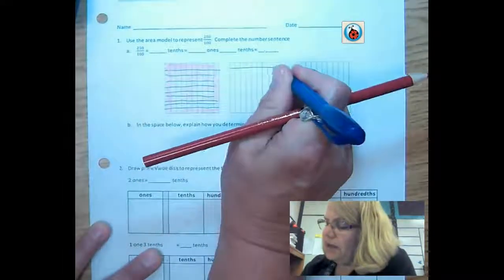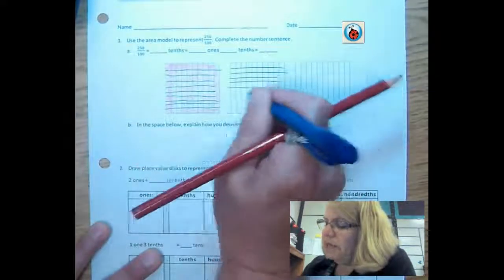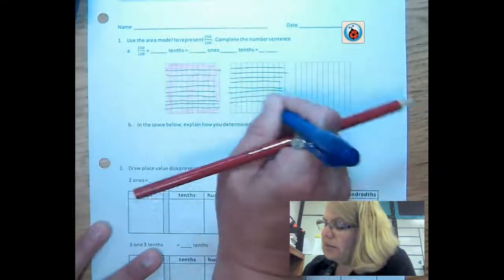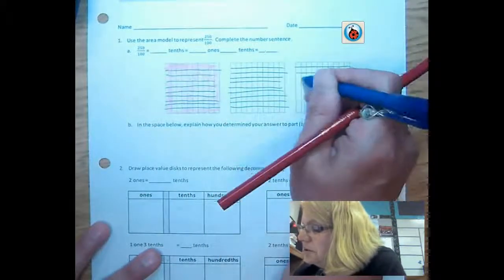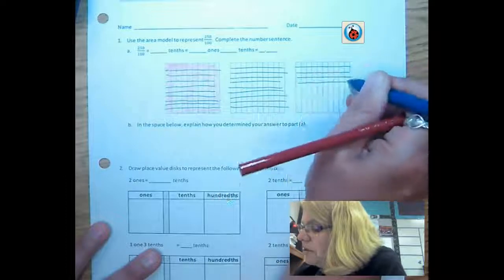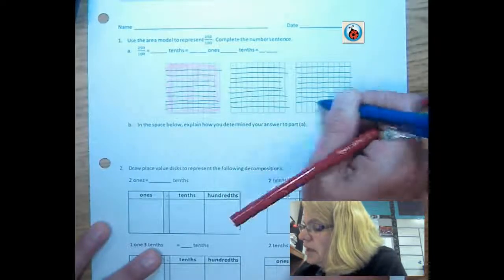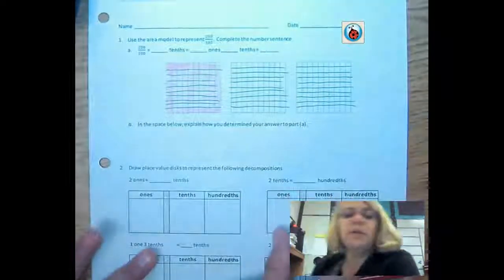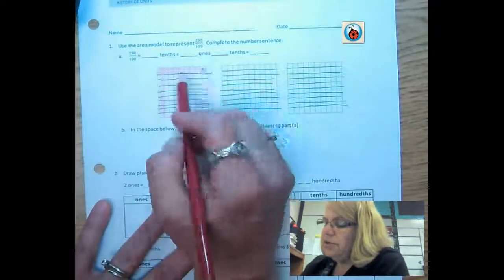Okay, so I divided them all up into hundredths now. And I have 250, so this is 100.